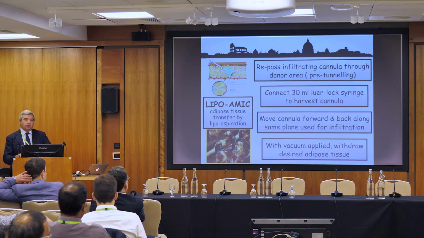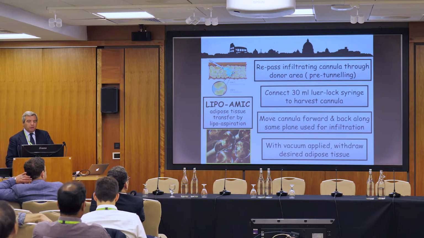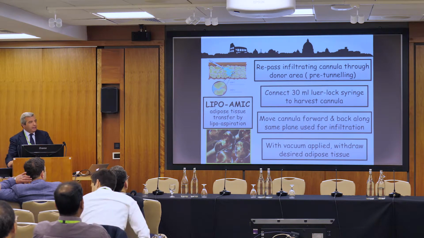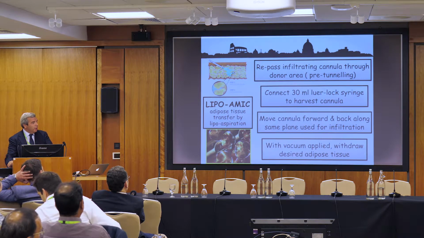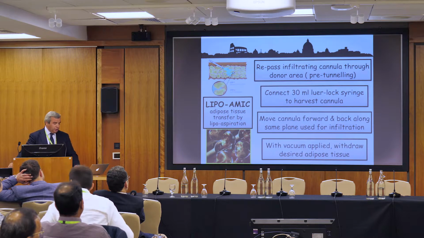Then you do what's called the pre-tunneling in order to facilitate the withdrawal of the adipose tissue. You connect a luer lock syringe to the harvest cannula, and you just move the cannula up and down, forward and back, and having applied the vacuum, you are able to obtain the adipose tissue.